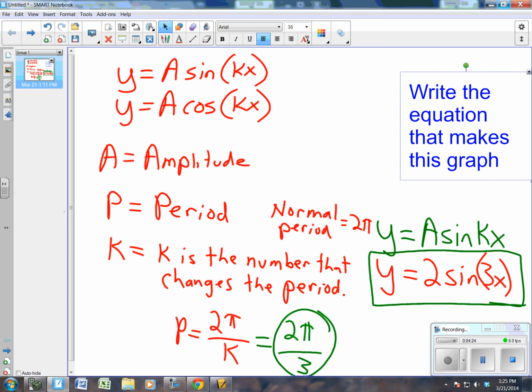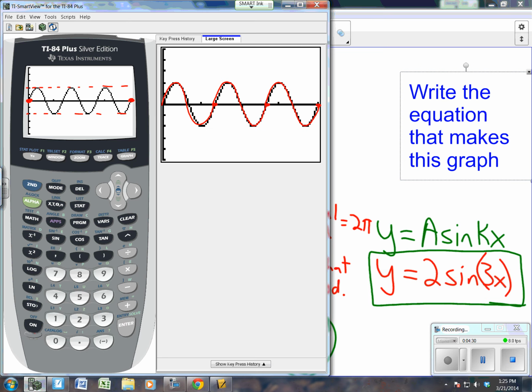I put 3 in for k because that's what k was, and I get 2 pi over 3 as a new period. Now watch on this graph. If I go back to this graph right here, I can see that one period ended right here. It did that whole cycle before it repeated it again. That means that point right there is 2 pi over 3.